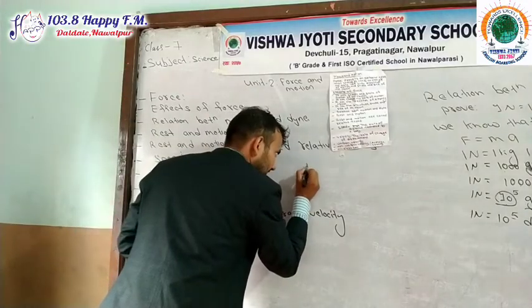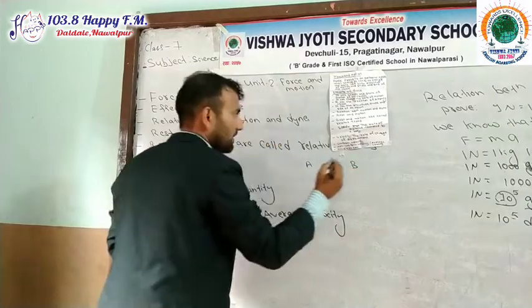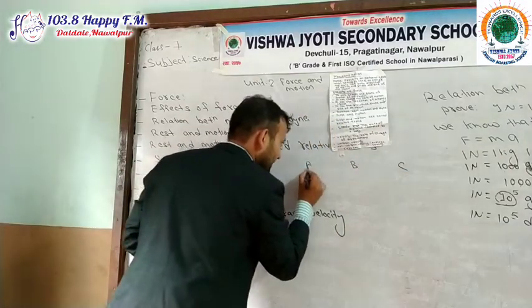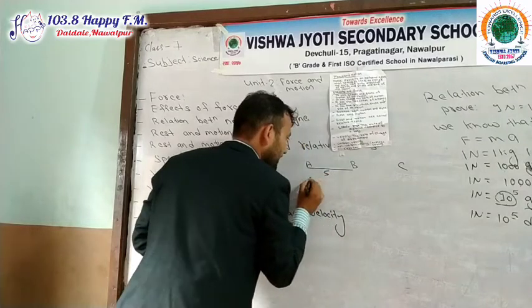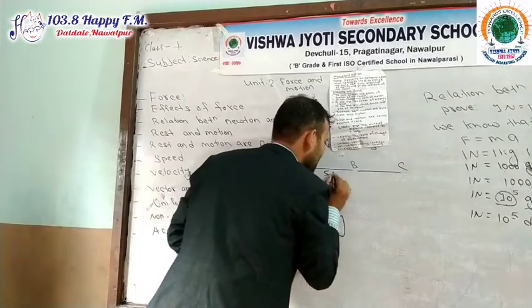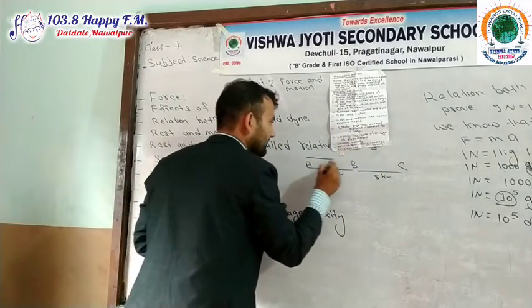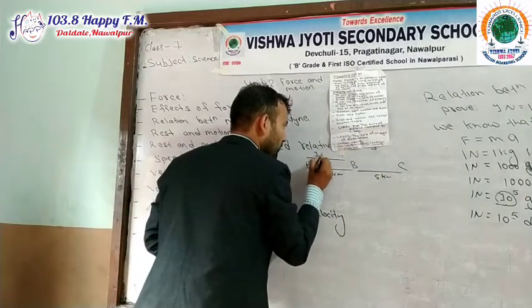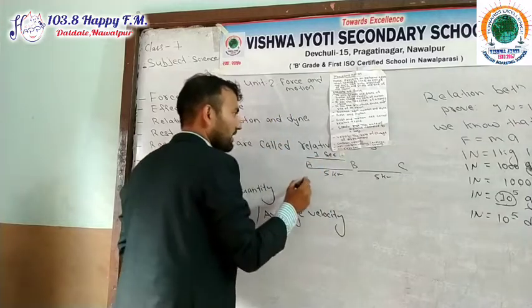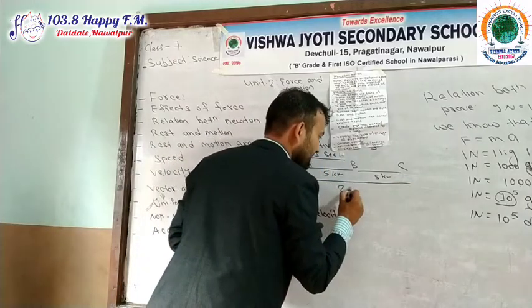Suppose A to B and B to C. How much distance? A to B is 5 km, and B to C is also 5 km. How much time taken? A to B takes 1 second, and A to C takes 2 seconds.